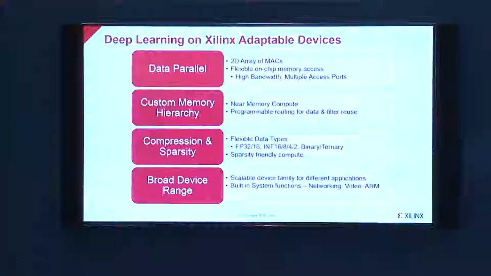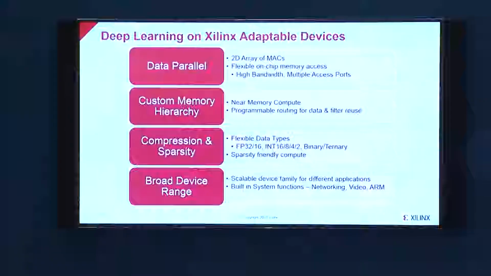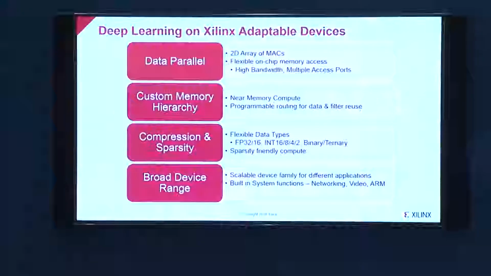There are 4 properties, we think, which allow us to build high-performance compute for deep learning. Number 1 is data parallelism, and I'll go over the inbuilt DSP blocks. And again, when I'm talking about deep learning here, I want to clarify that we are primarily talking about inference. The model has been trained on GPU.